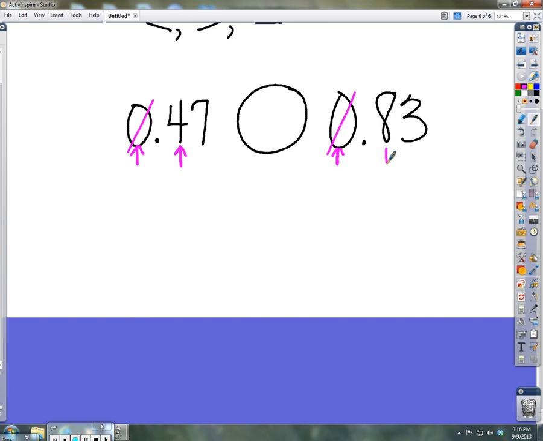The one on the right, the digit is 8. Since they are different digits, all I have to do is compare these two individual digits to each other. 4 is less than 8. So that would mean that 47 hundredths is less than 83 hundredths.